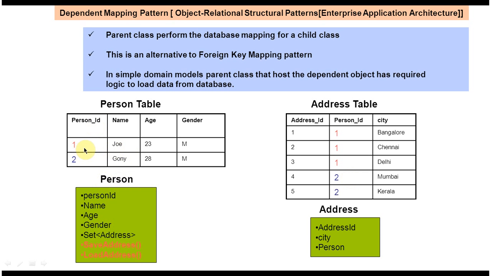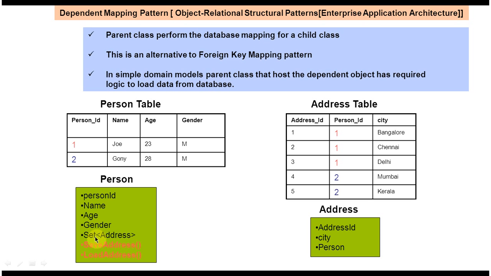How it is related is, you can see person id 1 appears three times, so this person Joe belongs to these three places: Bangalore, Chennai, Delhi. And the second one, Goni, belongs to two places. You can see person id 2 is in the address table two times, so he belongs to Mumbai and Kerala. So a person can have many addresses.